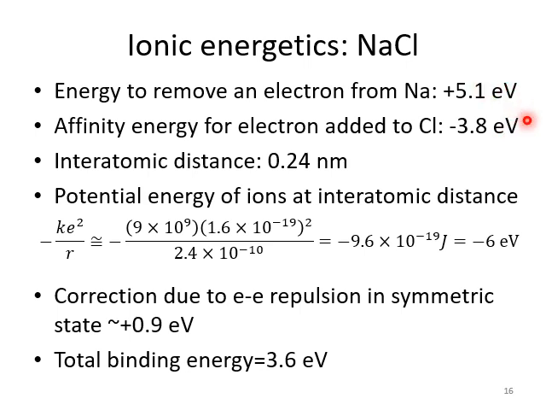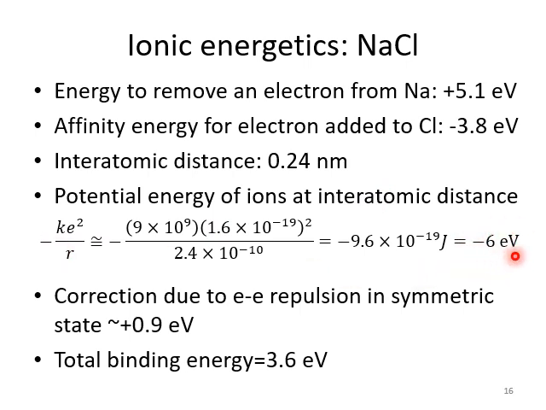Not good, all right? But for the sodium chloride ion, the interatomic distance between the two atoms is about 0.24 nanometers, 2.4 angstroms. Put that in to calculate the potential energy at that distance, and we get back 6 volts.